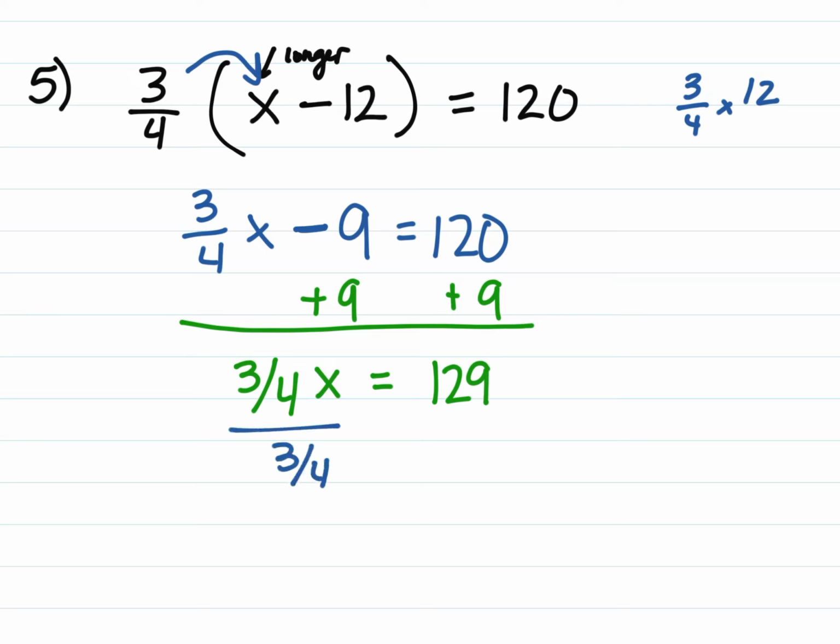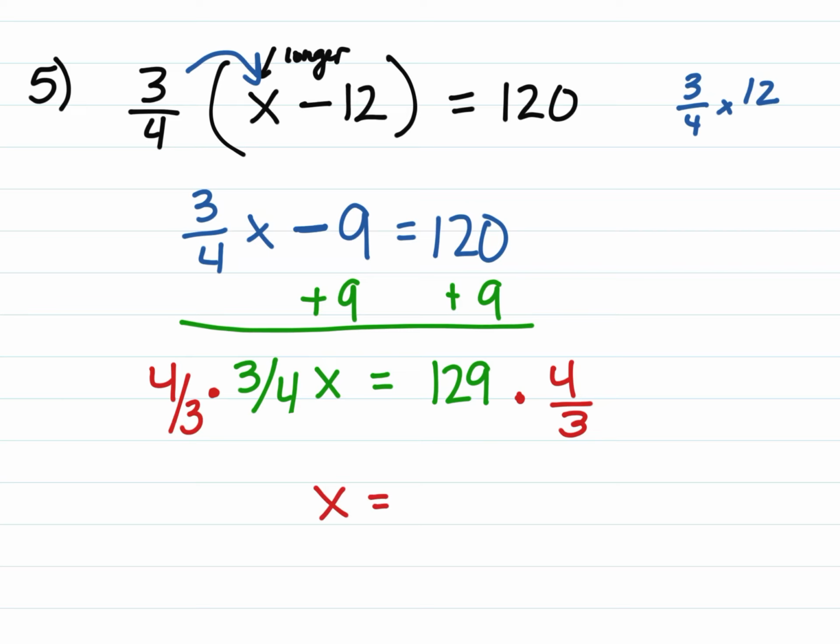We talked earlier about how we can divide by 3/4, but dividing by a fraction is the same as multiplying by the flipped over version. 3/4 times 4/3 is 1, so I am left with an x.